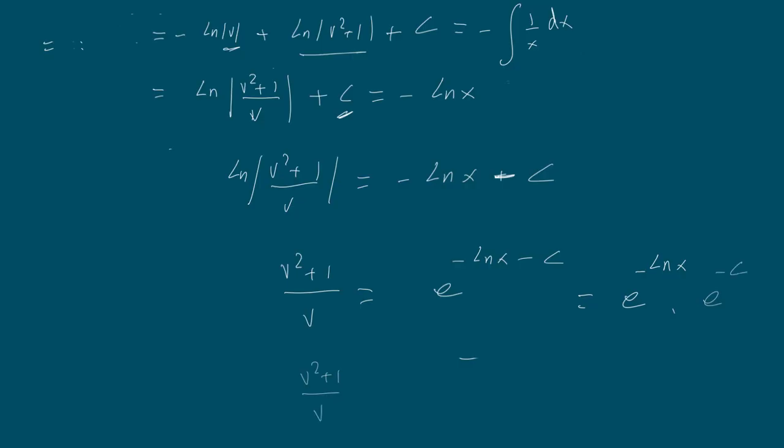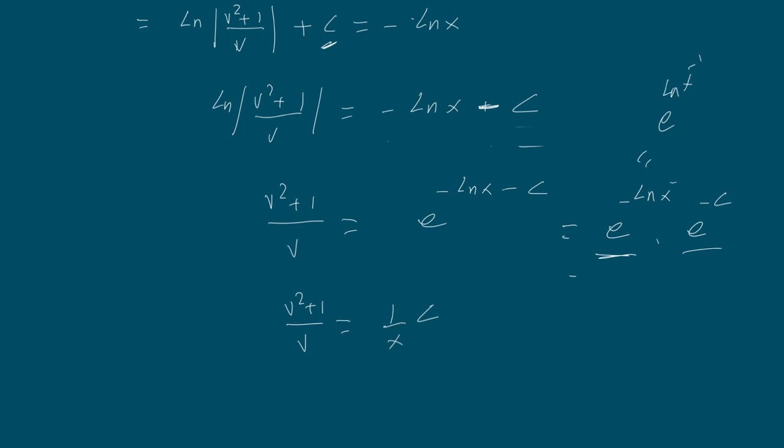So v squared divided by v is e to the minus natural log of x. So this is e to the natural log of x to the minus 1. And e to the natural log of x to the minus 1 is 1 divided by x, times e to the minus c, which is c.